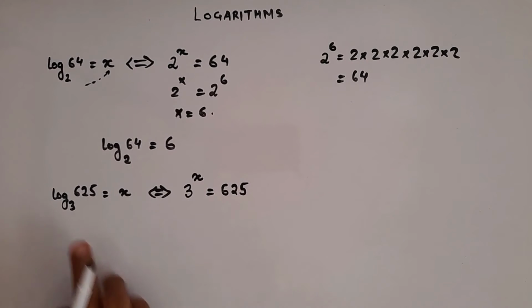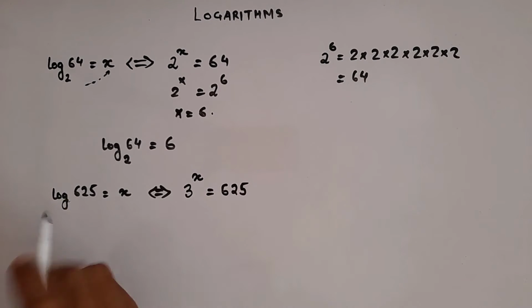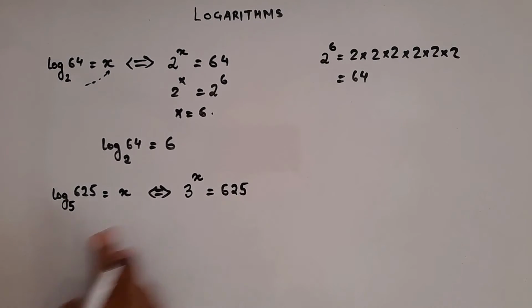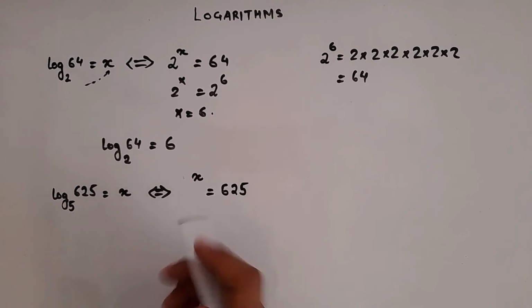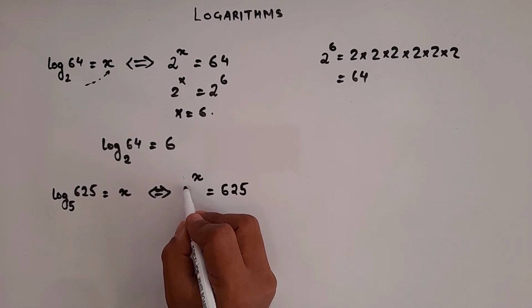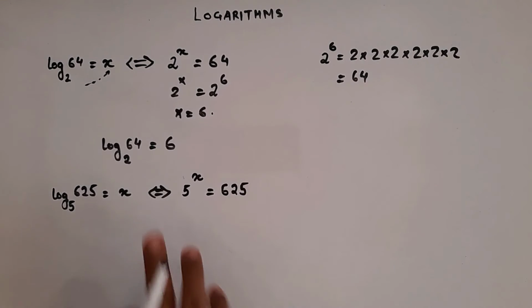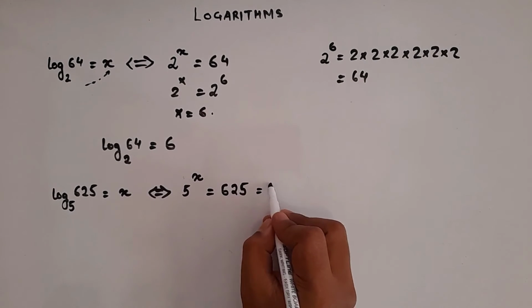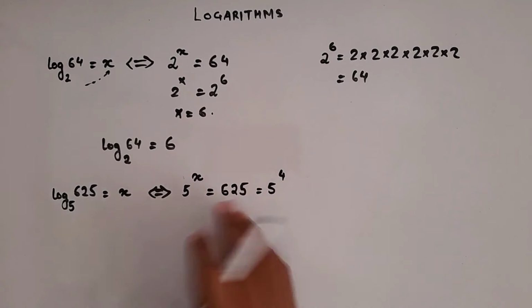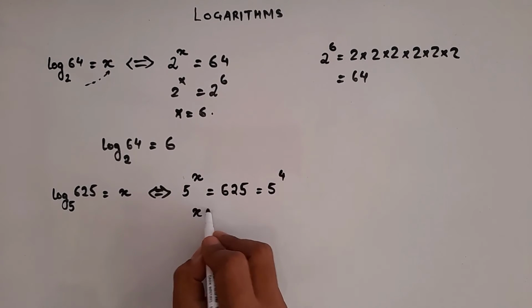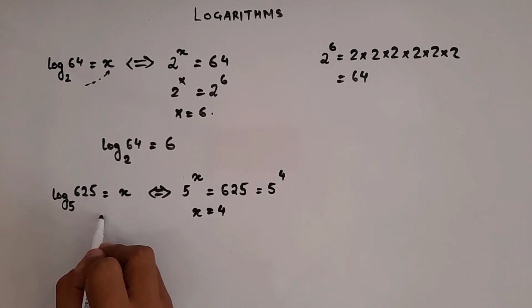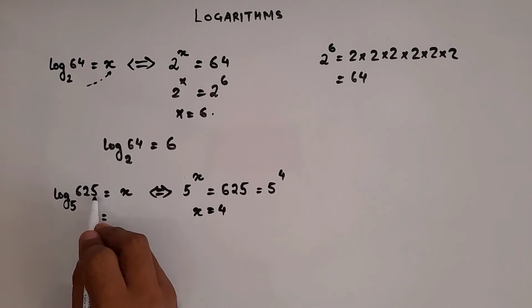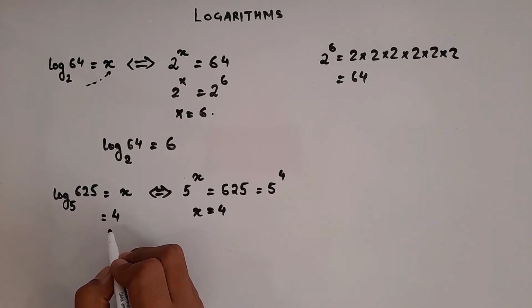Okay, I made a simple mistake. The base should have been 5 instead of a 3. We're going to simply keep it as 5 because we know that 5 raised to the power of 4 is actually 625. So that should give us x equals 4. Then we can say the logarithm of 625 to the base of 5 is actually 4.